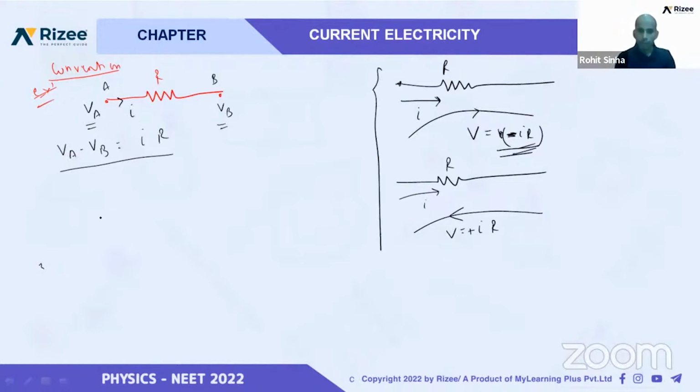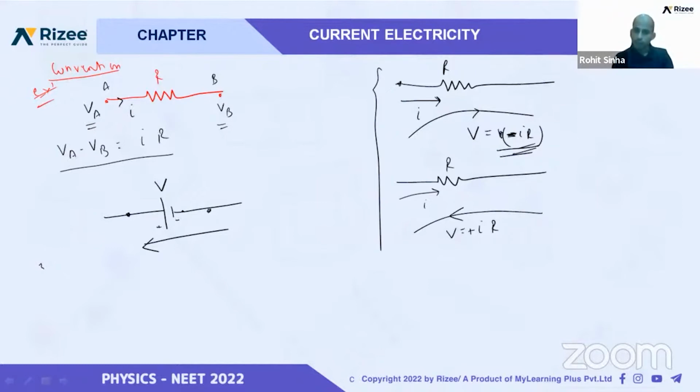Now one more convention I tell you. Suppose we have a voltage V, and we are moving in this direction. Potential is increasing from low potential to high potential.